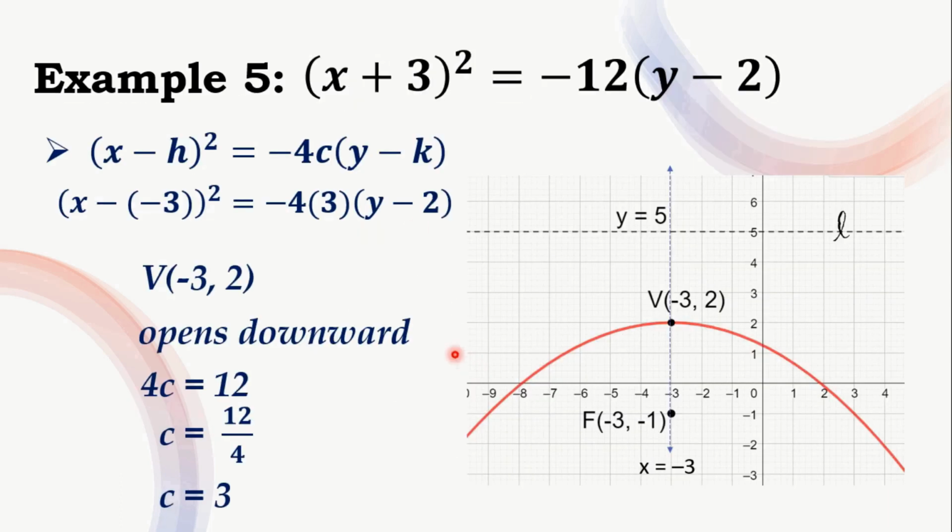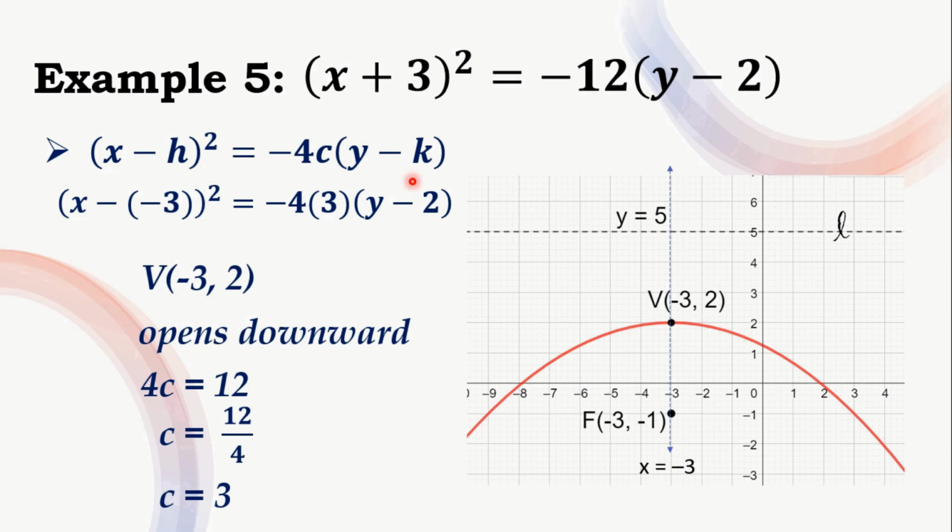Example number 5, the square of the quantity x plus 3 is equal to negative 12 times the quantity y minus 2. The given equation is patterned to a parabola with vertex at (h, k). h is to be determined from the quantity with the x variable, and k from the quantity with the y variable.